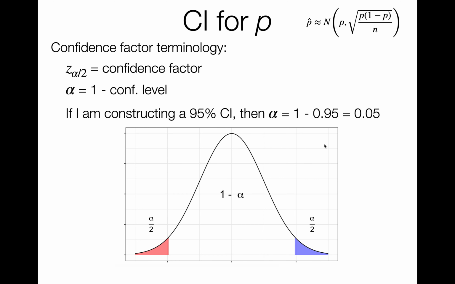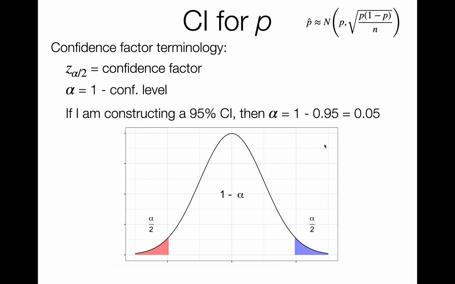How we do that is you visualize the normal distribution, and whatever percent confidence interval I want, that's the area under the curve of the normal distribution that I also want.